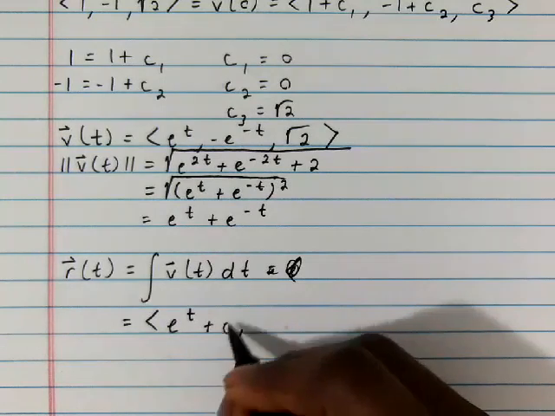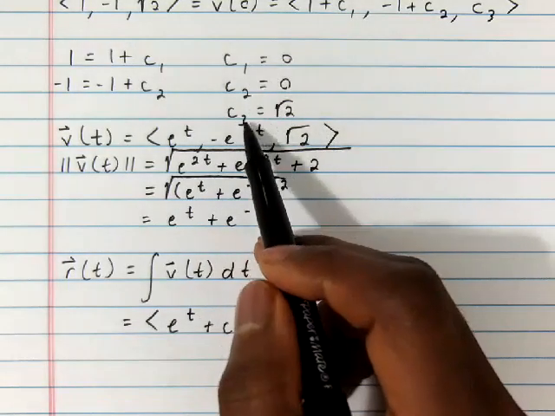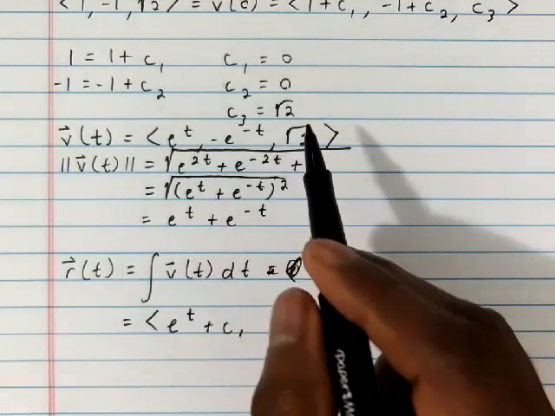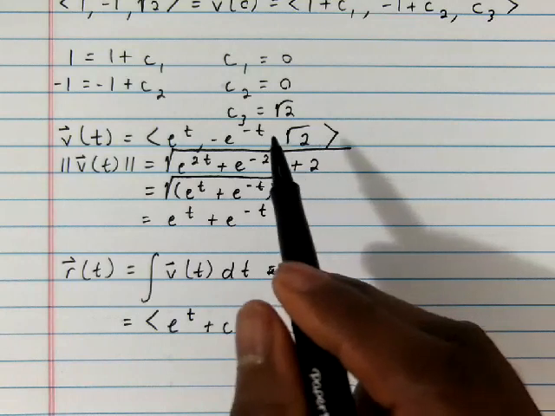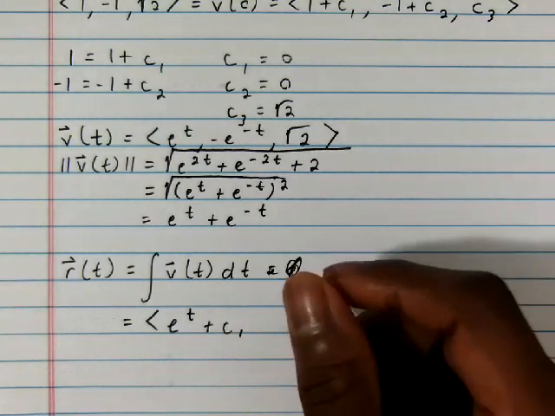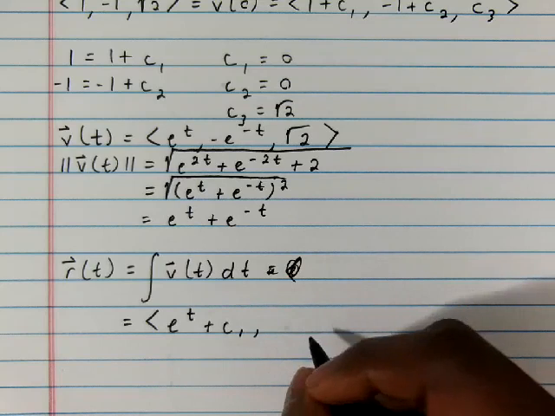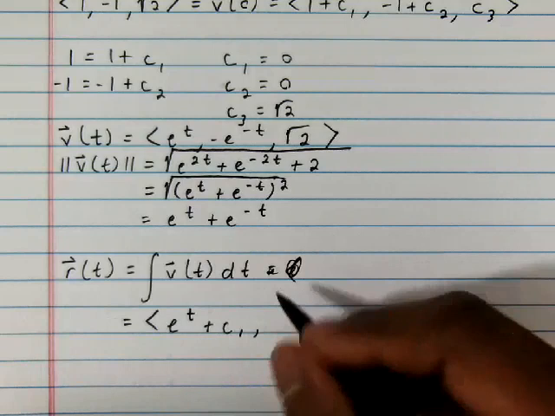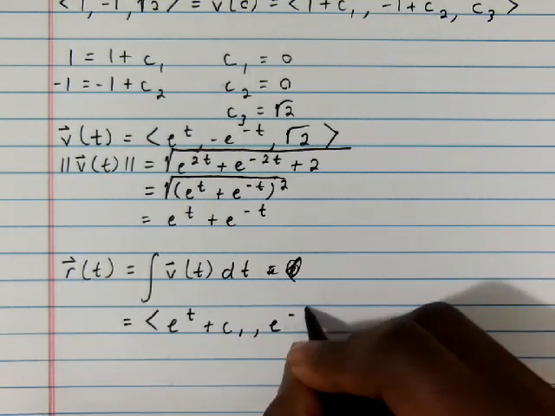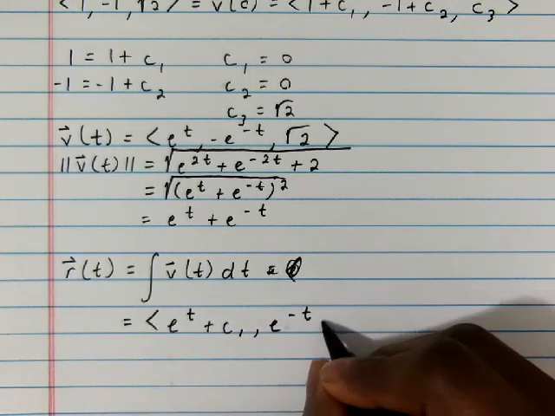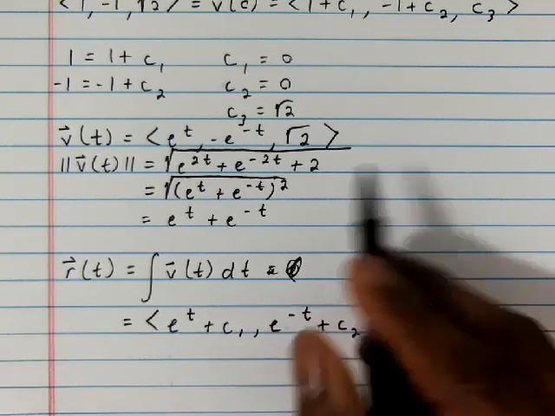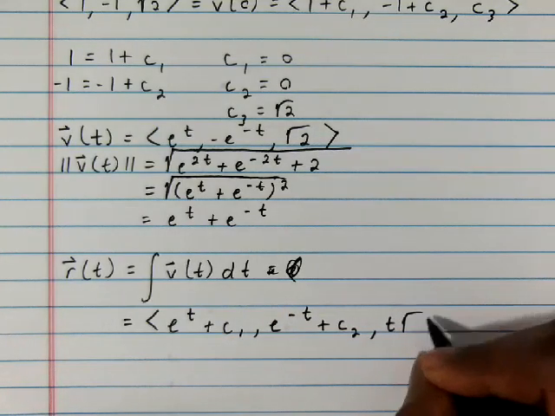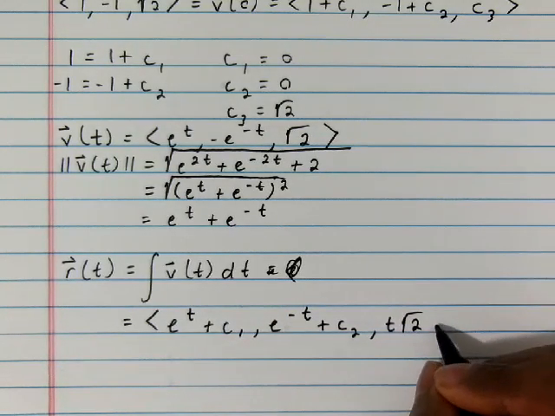If you're going to get confused between your c values, you can use d1, d2, d3, but it doesn't matter. You can certainly use those same things. We use c all the time, no matter what problem we're doing in Calculus 1, we can do the same thing here. Then the antiderivative of negative e to the negative t is just e to the negative t plus c2. And then the antiderivative of square root of 2 is t times square root of 2 plus c3.